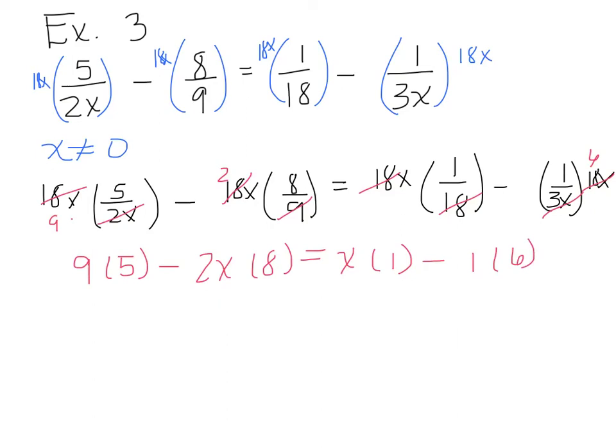And then from here, we get 45 minus 16x equals x minus 16. I'm going to move all my variable terms to one side and my constants to the other.